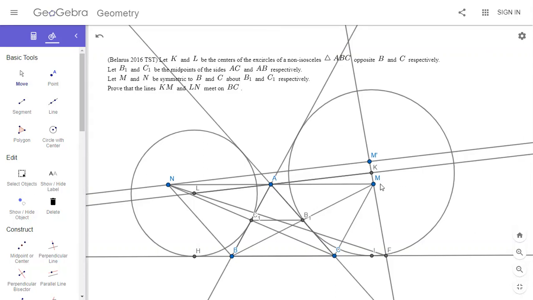So yeah, M prime KA, we want to show that that's 90 degrees. How do we do that?